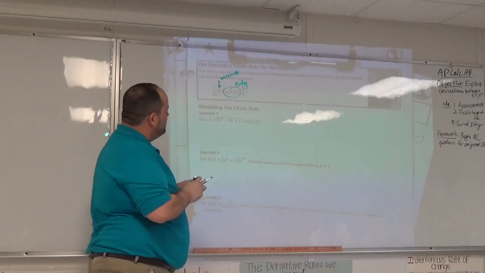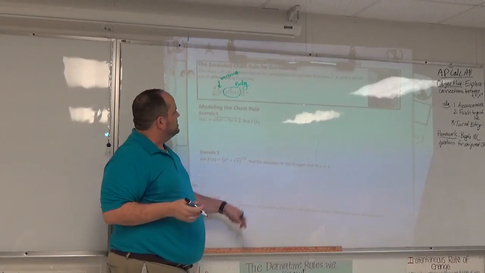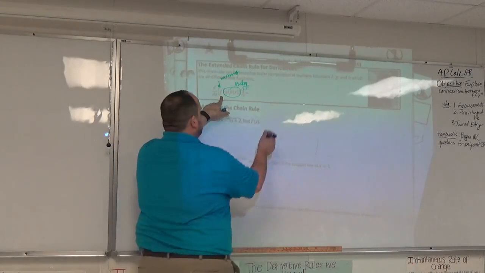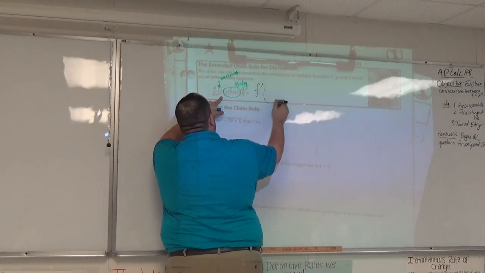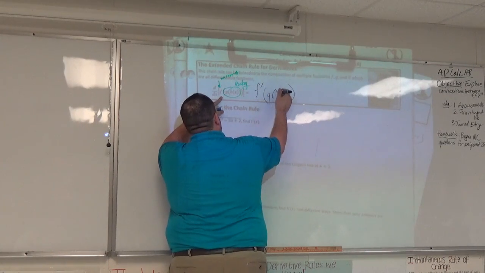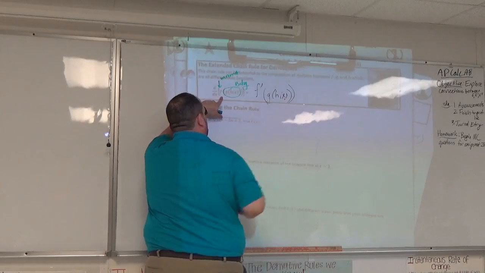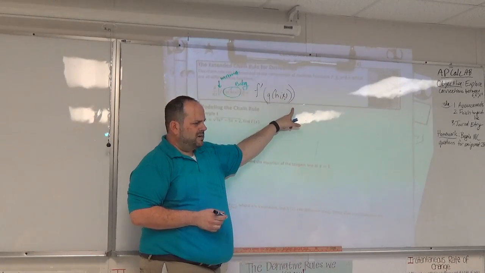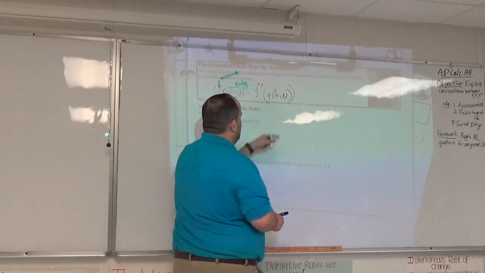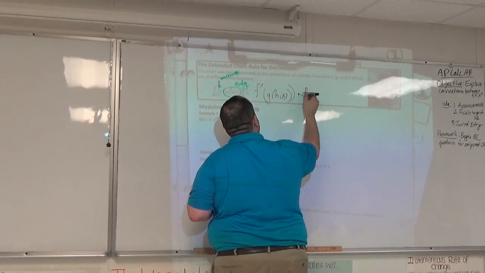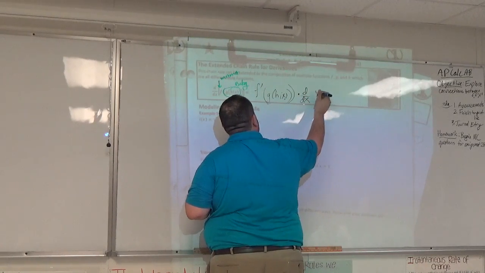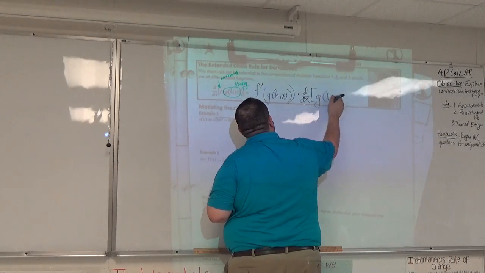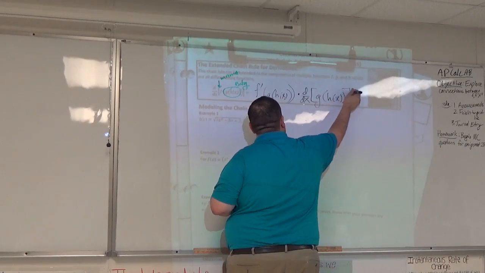Well, what does the chain rule tell me to do? The chain rule tells me take the derivative of the mama, and leave her baby alone. So take the derivative of the mama, leave the baby alone, and then times the derivative of the baby, the derivative of g of h of x.